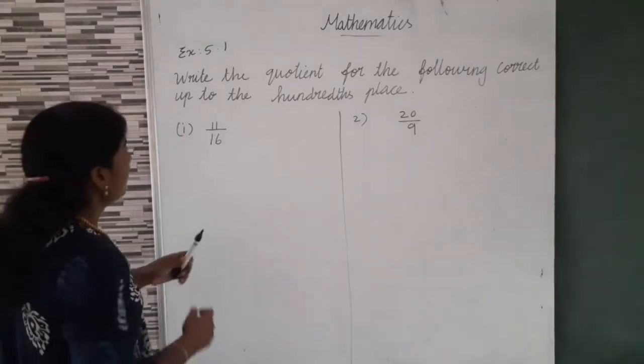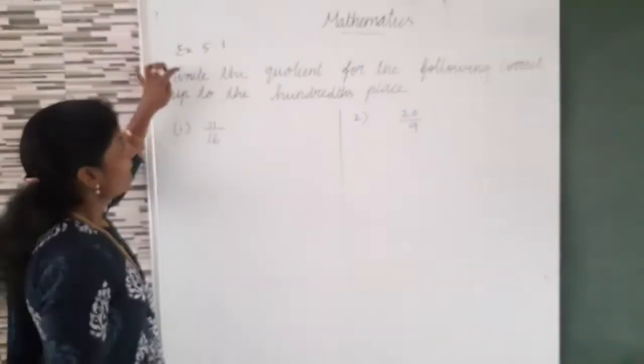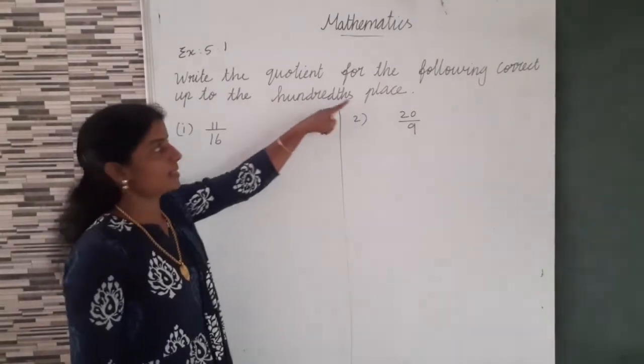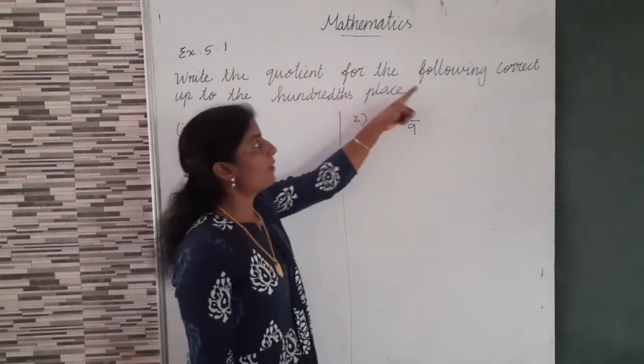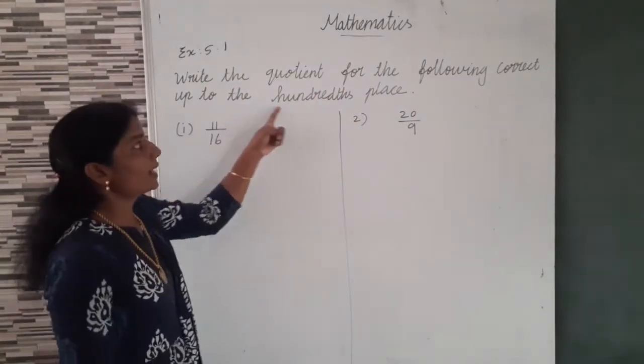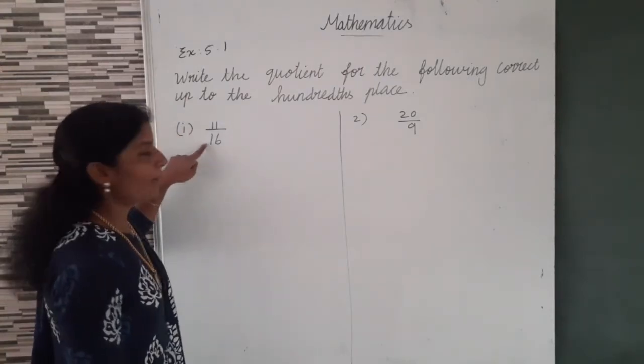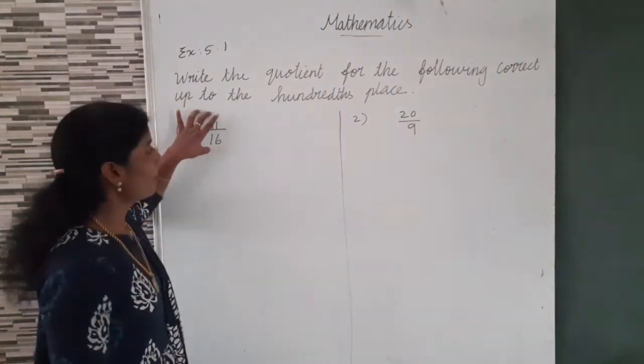Now exercise 5.1. Write the quotient for the following correct up to the 100th place. First one, 11 divided by 16.